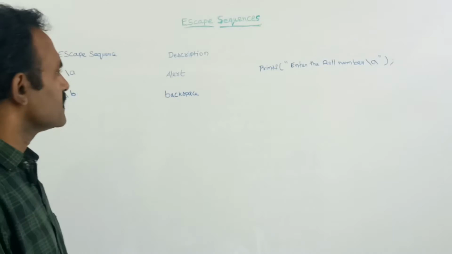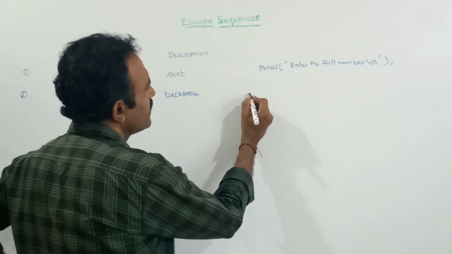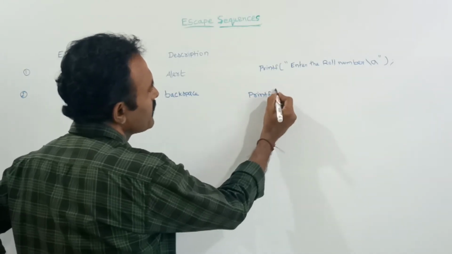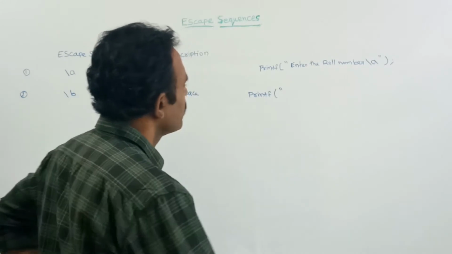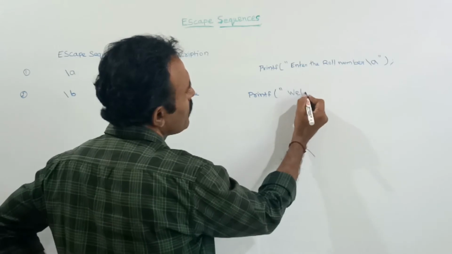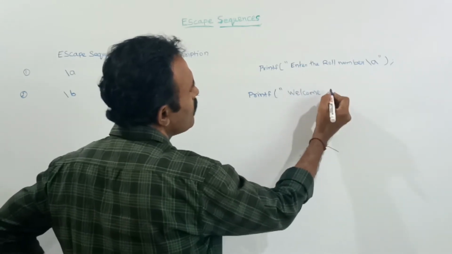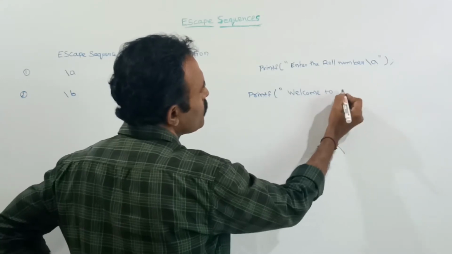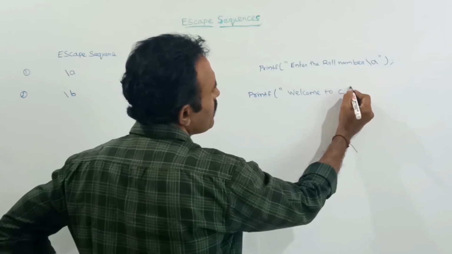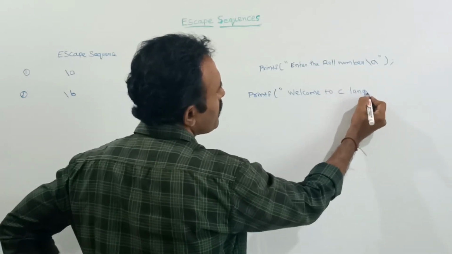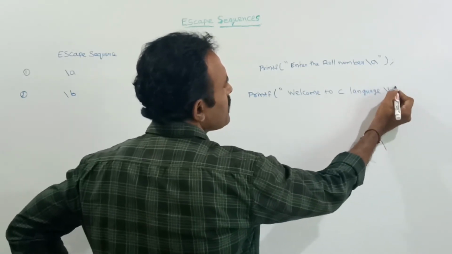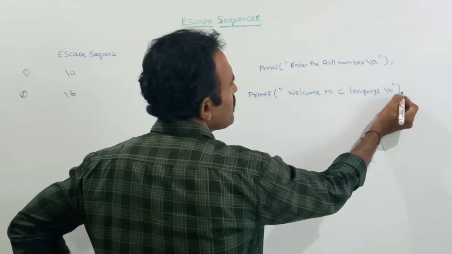For example, here I am giving the printf statement like this: printf welcome to C, followed by \b.